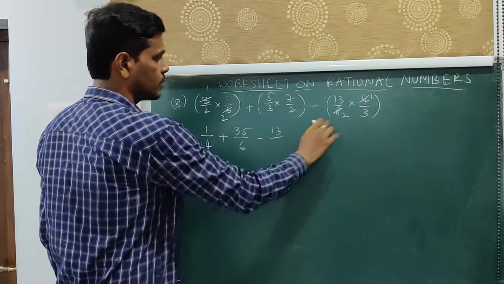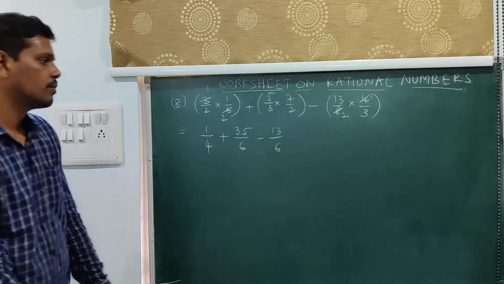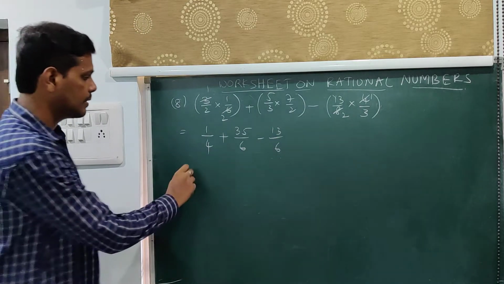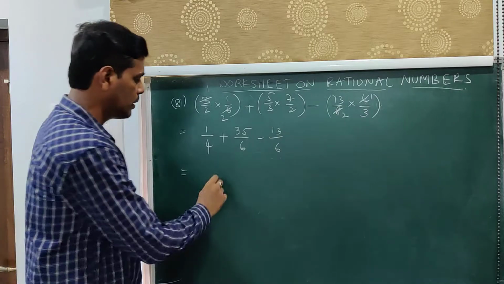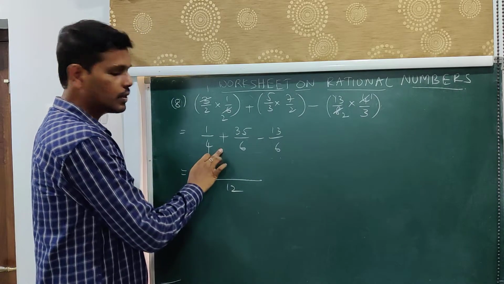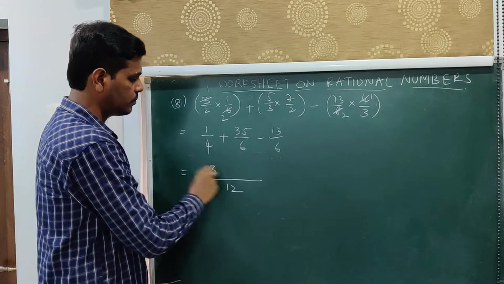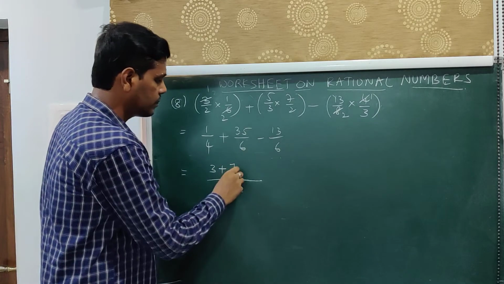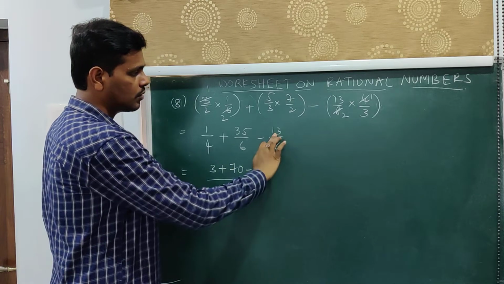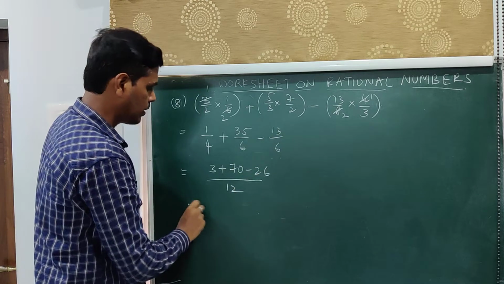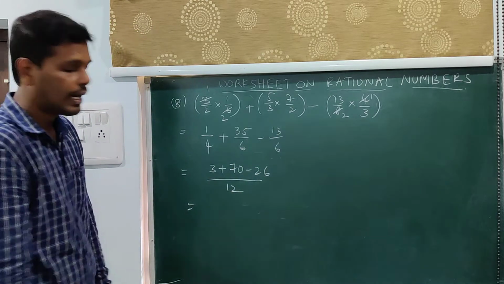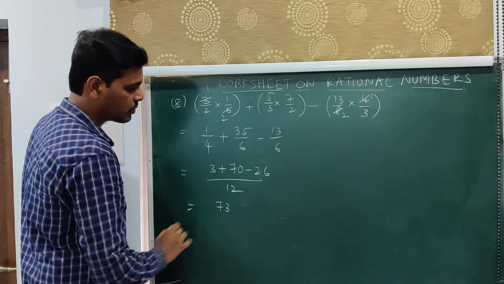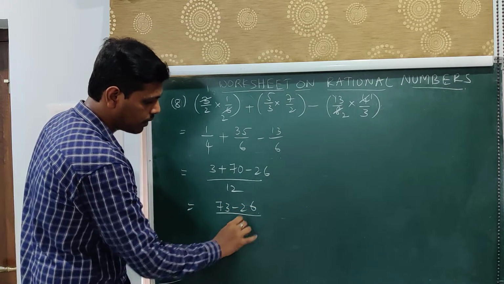2 3s are 6. Now take the LCM of 4, 6 and 6. The LCM of 4, 6 and 6 is 12. 4 3s are 12, 1 3s are 3. Next 6 2s are 12, 35 2s are 70. 6 2s are 12, 13 2s are 26. Now these are numbers of same signs, so add them. 70 plus 3 is 73 minus 26 by 12.